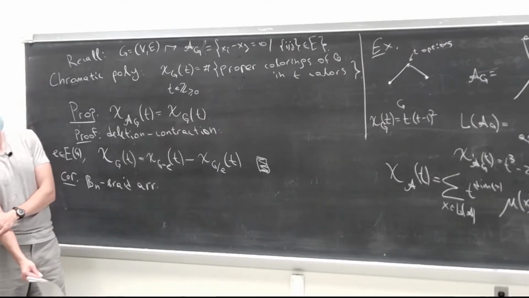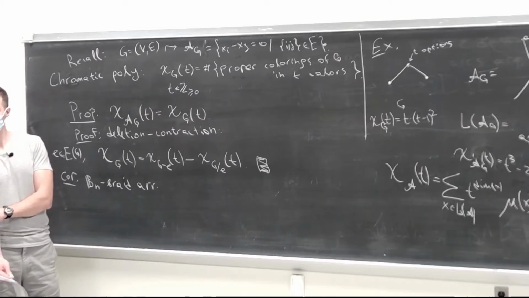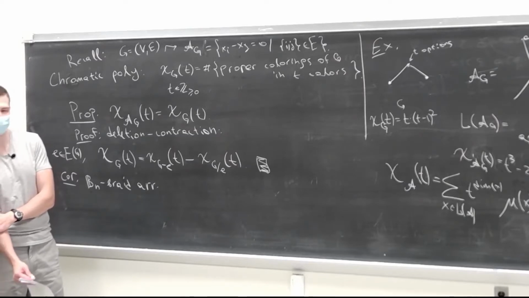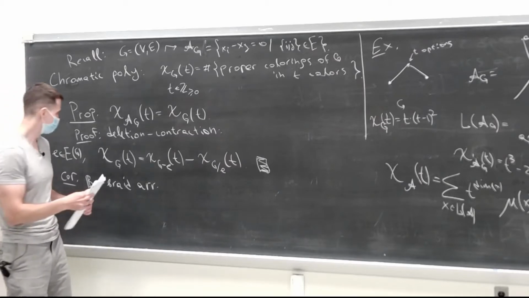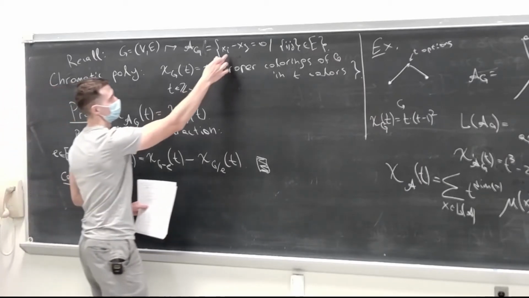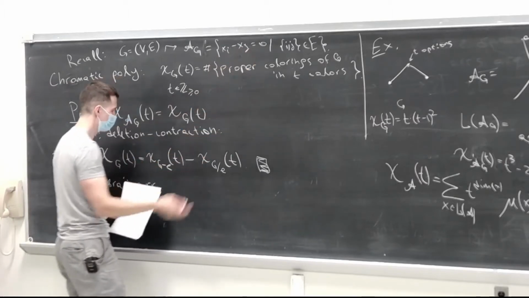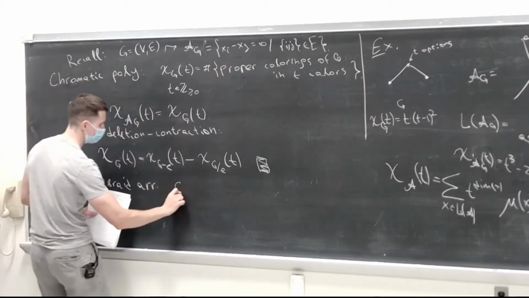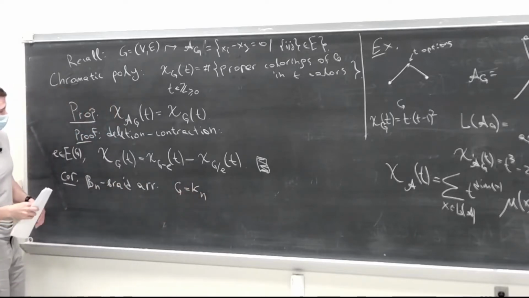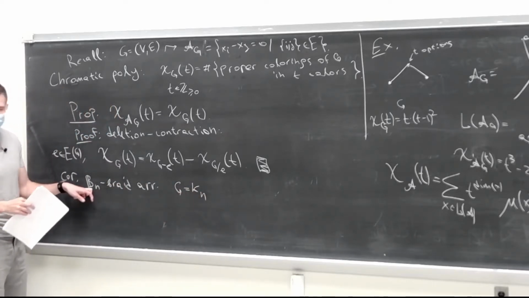Right, what about an arbitrary number of vertices? I can barely hear you, but okay, yes. The Braid arrangement is a special case where any pair of vertices forms an edge, so that's the complete graph. Take G to be the complete graph, and I want to compute the characteristic polynomial of this arrangement.